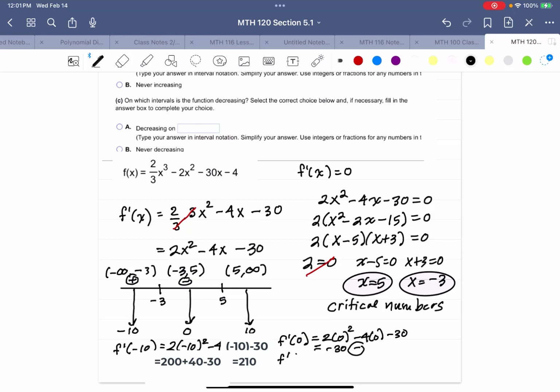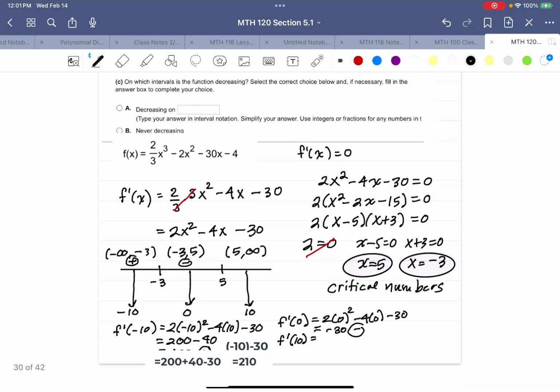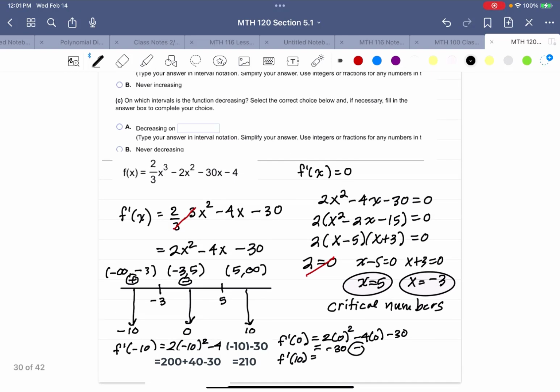And then f prime of positive 10 is going to be 2 times 10 squared minus 4 times 10 minus 30, which is 200 minus 40 minus 30, 130. So it's positive on the right-hand side.